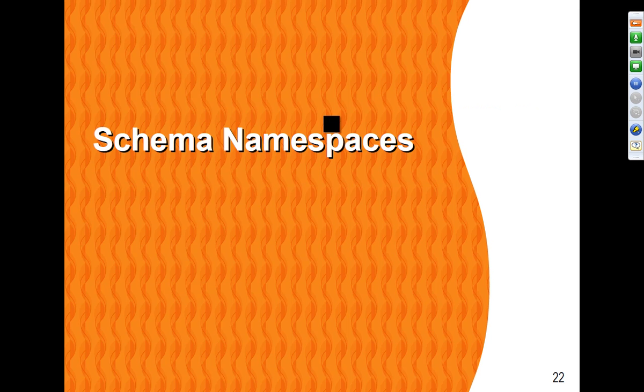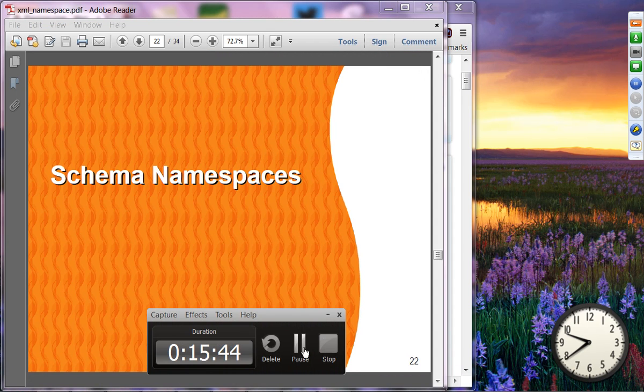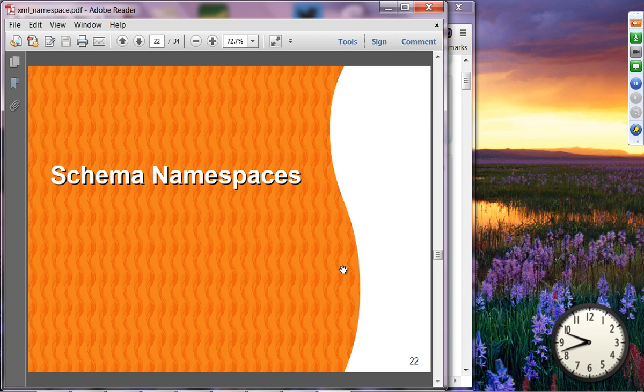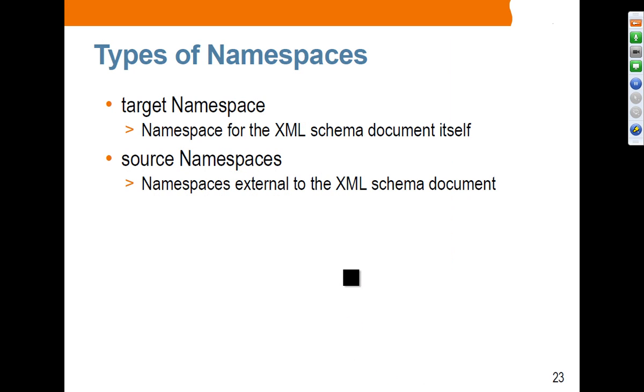All right, schema namespace. So let me stop right here and see if there are any questions. Okay, so schema namespaces. There is a concept of target namespace and source namespaces. The target namespace is the namespace for the XML schema document itself.